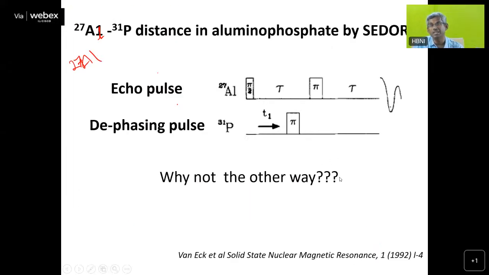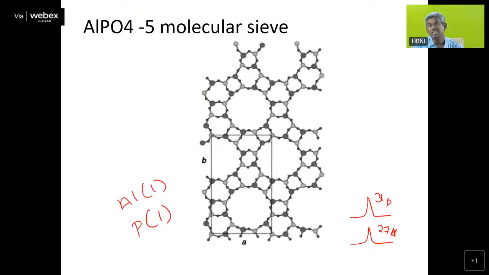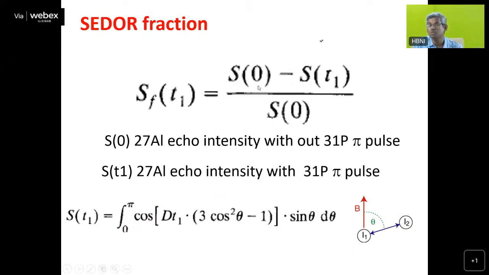You see here T1 is applied here. After some time only you are applying the pi pulse for the P31 channel, so there is a time delay involved, T1. By varying T1, you can apply the pi pulse at a different position. So you can easily calculate the SEDOR fraction. S0 we know without any pi pulse, and S at T1 is the intensity of the echo signal after applying a pi pulse at a particular time T1. Is it? So this SEDOR fraction you are getting.